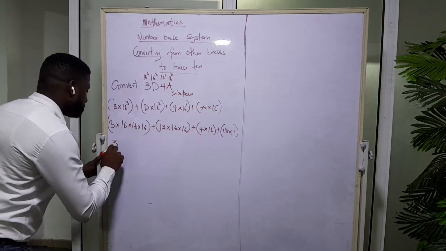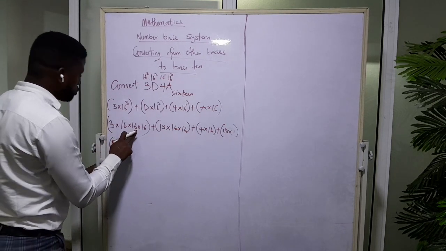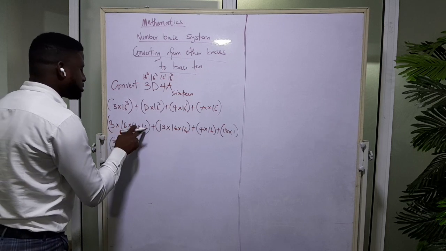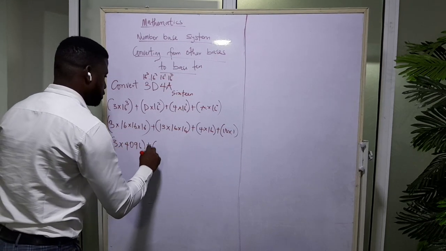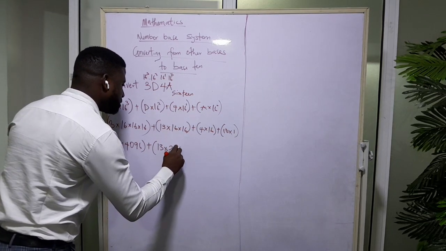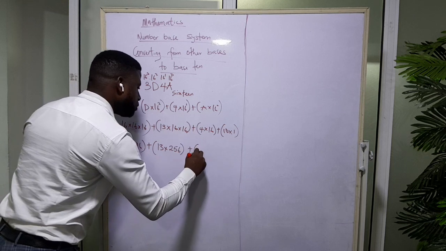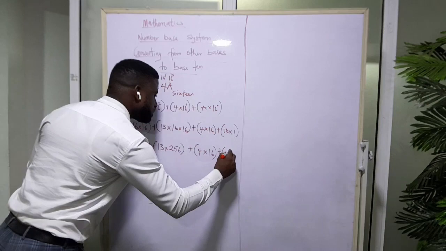And this gives us 3 times 4,000. 16 times 16 is 256. 256 times 16 is 4,096, plus 13 times 256, plus 4 times 16, then plus 10 times 1.